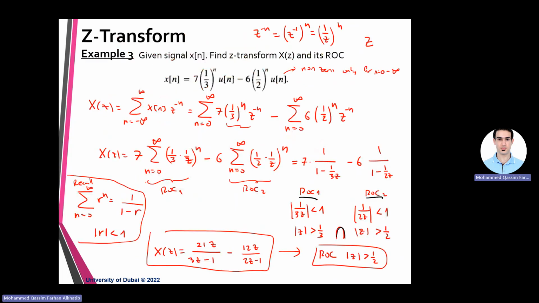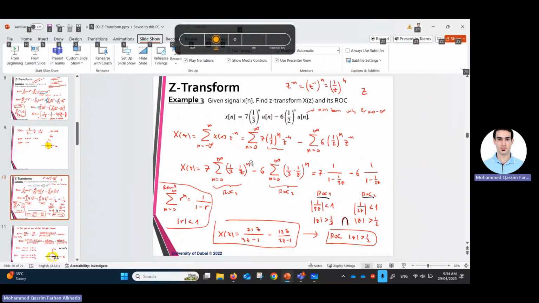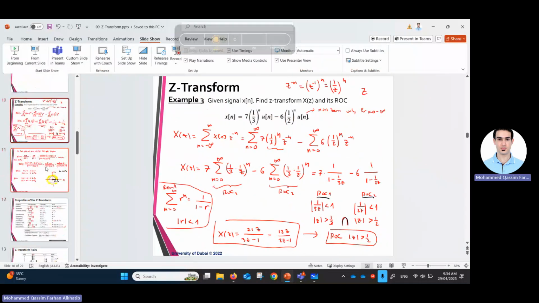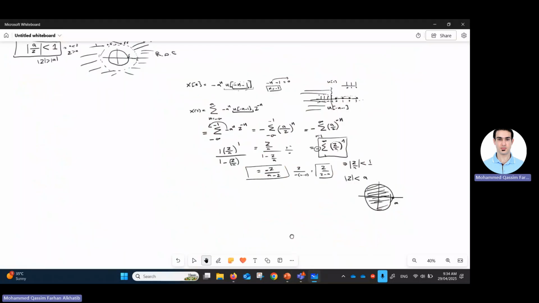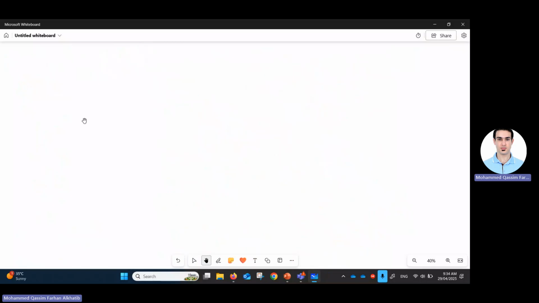Another example here: given a signal x of n, find the z transform x of z and its region of convergence. We did not do the tables yet, but we'll try it with and without the tables.